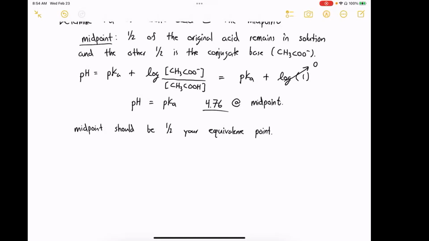So your midpoint should be 1/2 your equivalence point. So it should be 1/2 of how much base you add. So this should be 1/2 of the volume of sodium hydroxide it takes to reach the equivalence point.